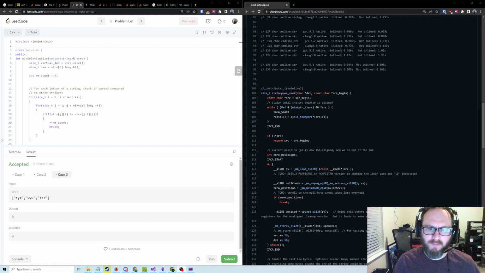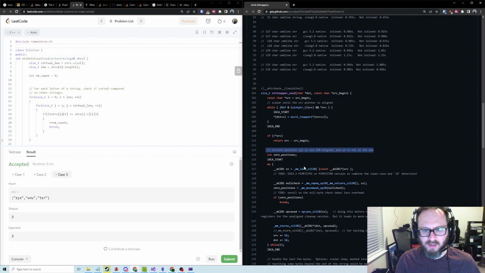Okay, so this dev notes something interesting that I didn't think about. And that is he has a note about scalar until the source pointer is aligned, which I believe, yeah, he makes the note here. Well, not strings.